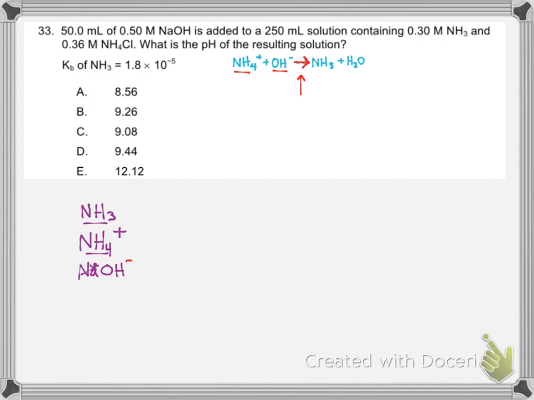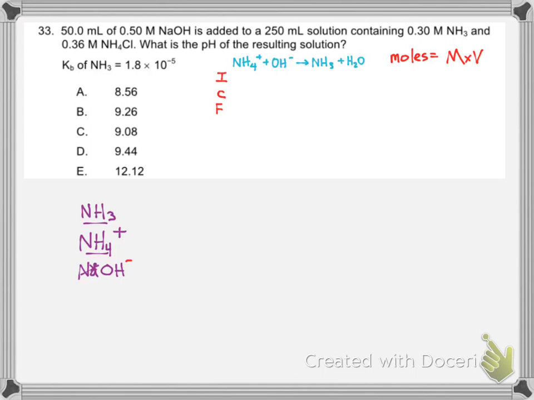And remember, whenever we add a strong acid or a strong base in a titration, we're going to end up using an ICF table. ICF tables are different from ICE tables in that they react to completion, but also because they use what unit? That's right, moles.